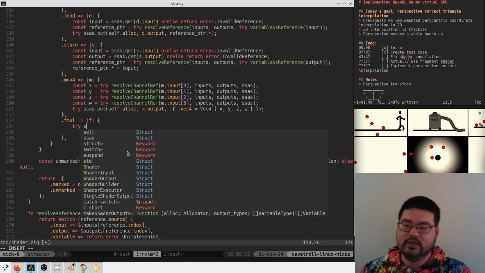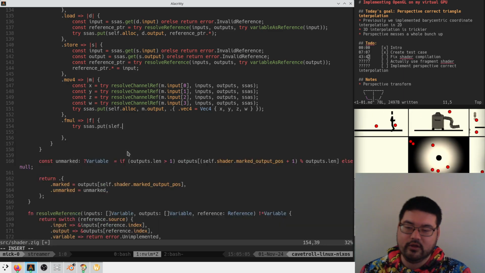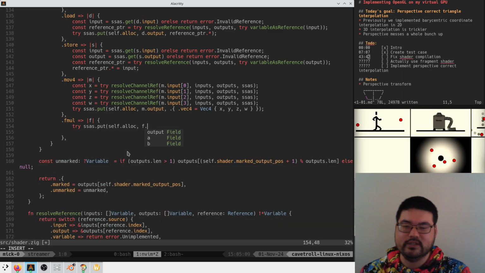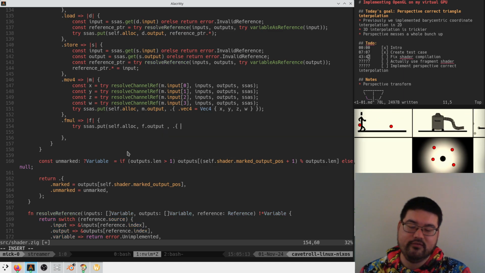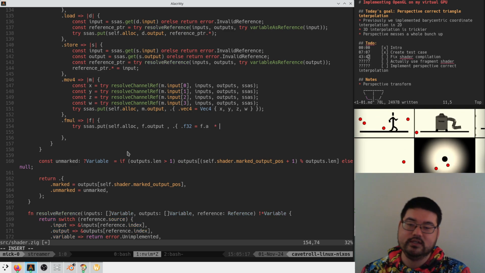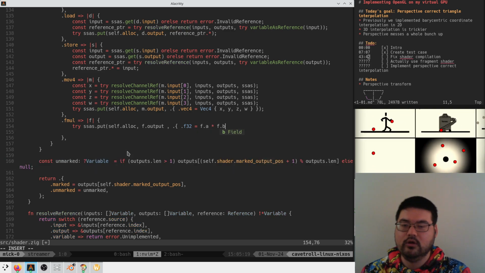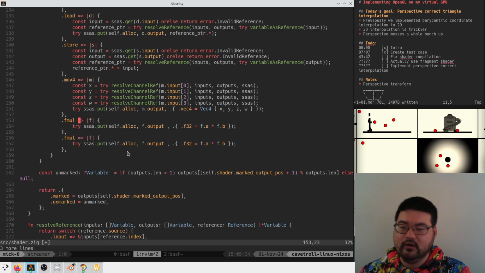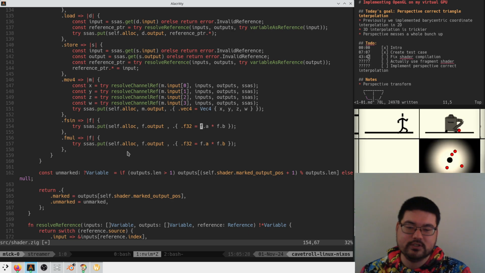So then we can do SSA's put with our allocator, where SSA is basically our variable list. We're going to put those in the output. And the output is going to be, I guess, a float that is equal to f dot a times f dot b. That seems reasonable to me. And sign is going to be very similar, except it's just going to be sign f.